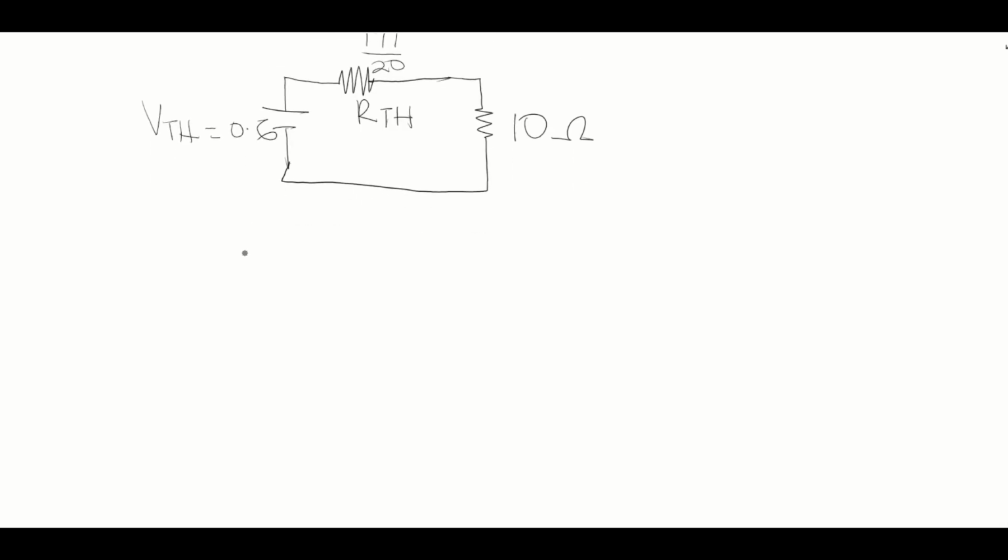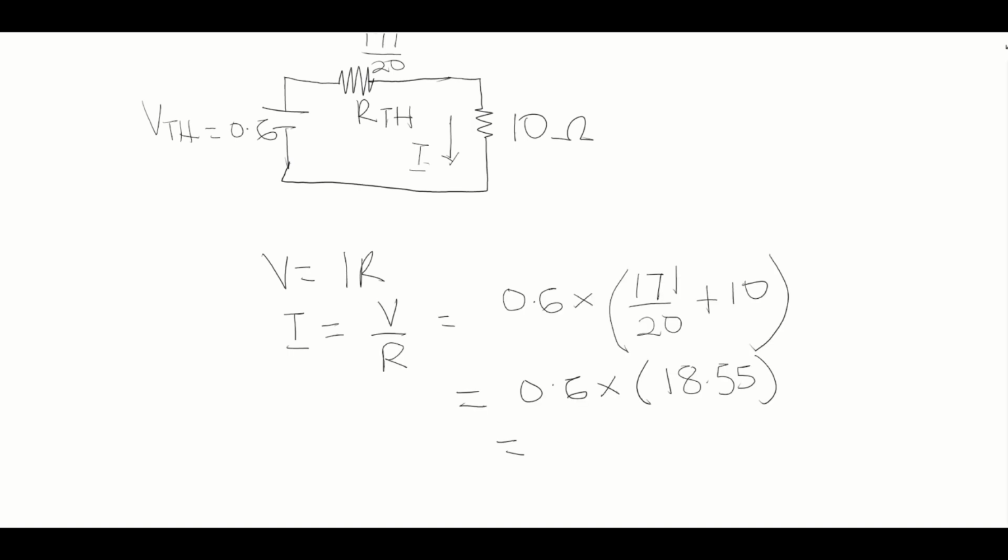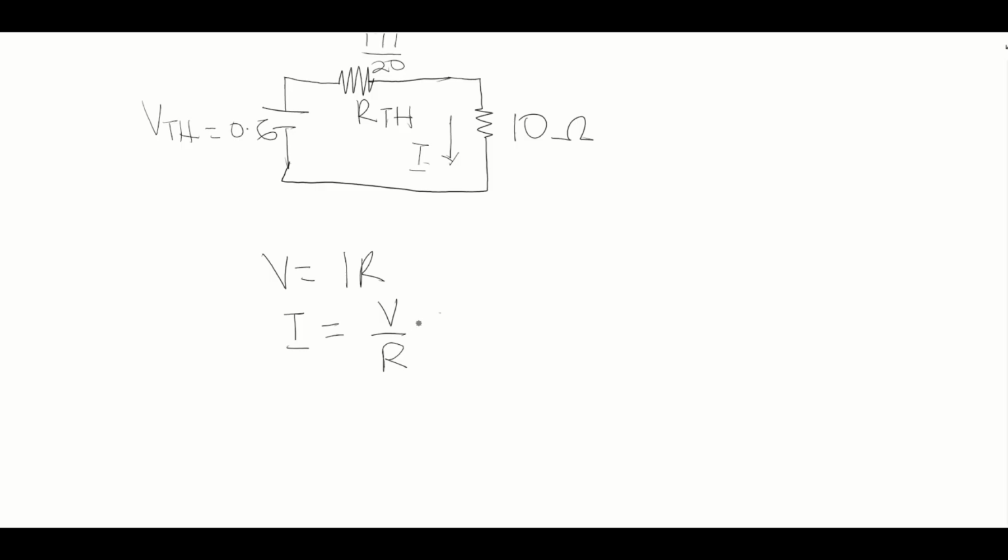With Ohm's law, we know that V is equal to I times R. If you want to find I, which is the current flowing through the 10 ohm resistor, I is equal to V over R, which is 0.6 divided by the total resistance, which is 171 on 20 plus 10, because they are in series.